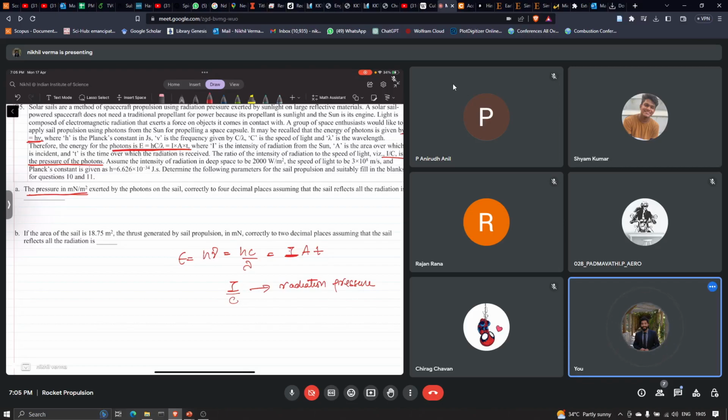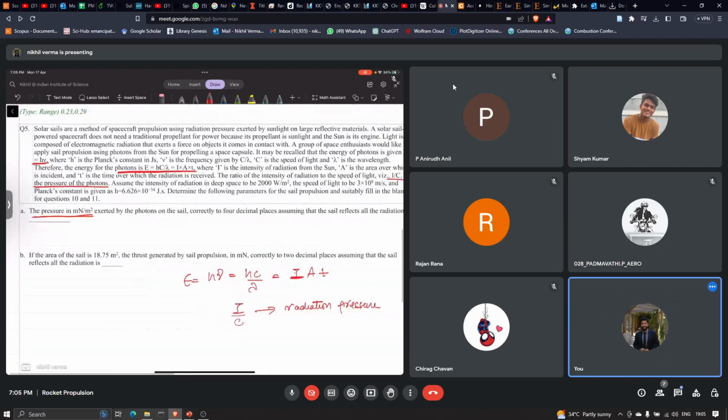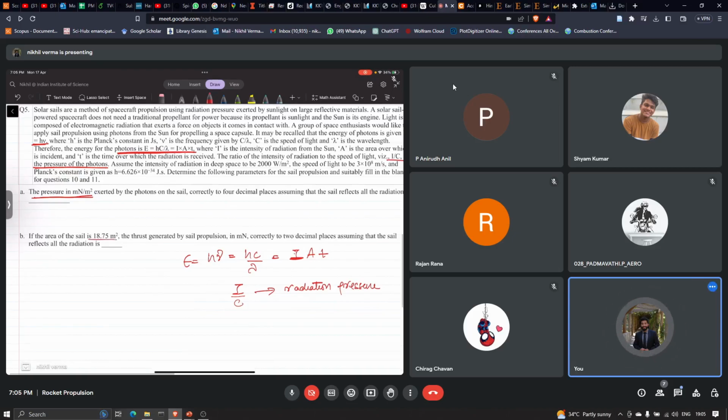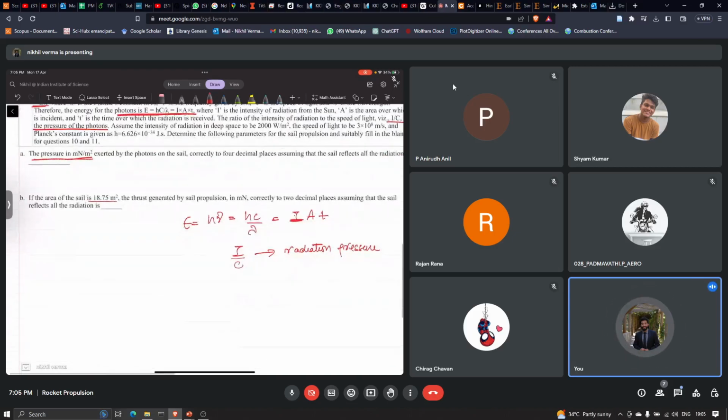So the solar cell area is given, which is 18.75 meter square, and radiation intensity is given as 200 to 2000 watt per meter square.